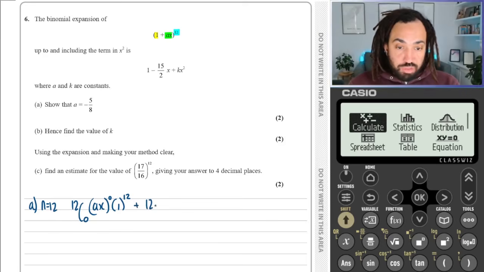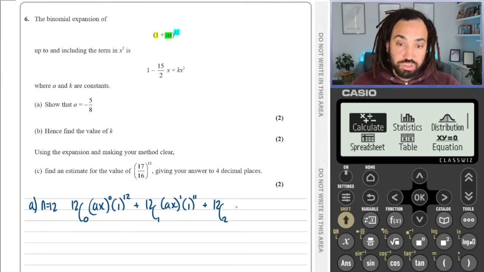Then the next one will be 12 choose 1, with the green raised to the power 1 and the yellow to the power 11, and it just continues like this. So 12 choose 2, green goes up to power 2, and the 1 goes down to power 10.